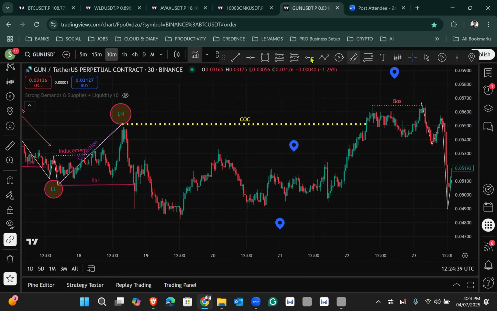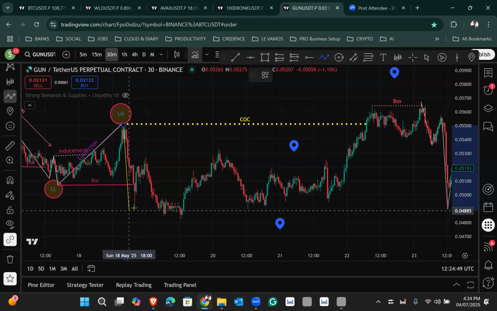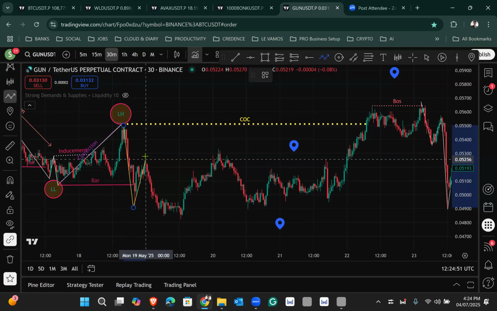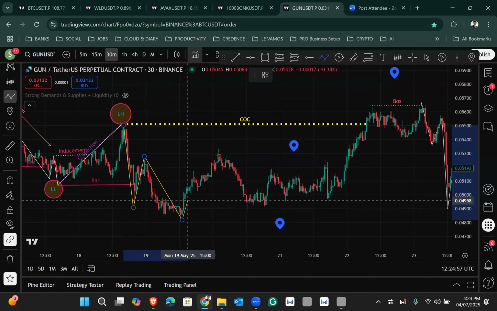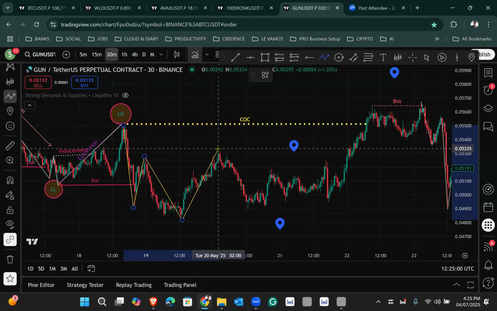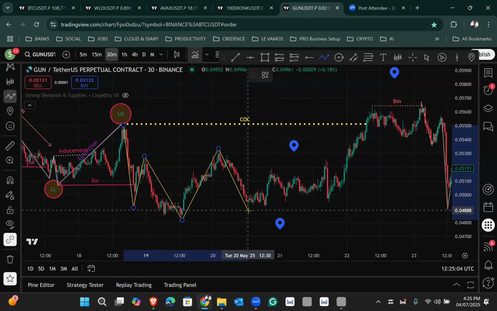Let us imagine. I'm just drawing now, because this is the end of the correction. From here again, the impulsive move will start. In that case, this is a valid pullback. This is the next one. Can we consider this an uptrend? This is my question.